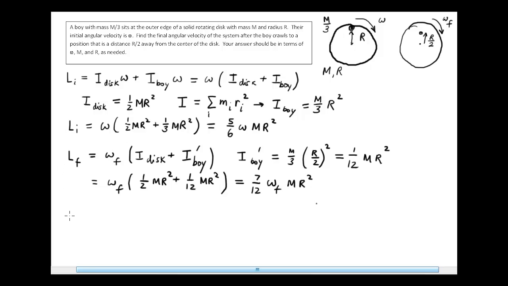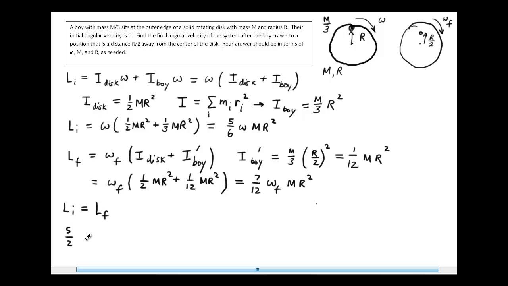And now we just set L initial equal to L final, and we solve for the unknown final angular velocity. So this becomes, well, we got 5/6 omega. Ooh, sorry about that.